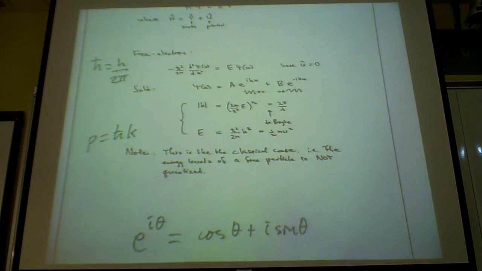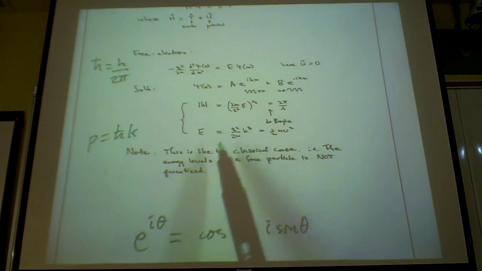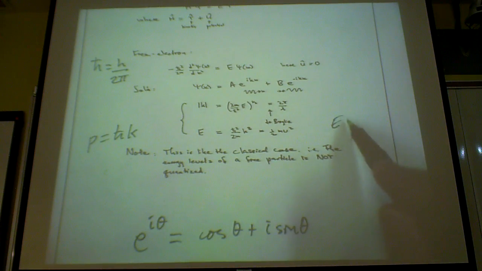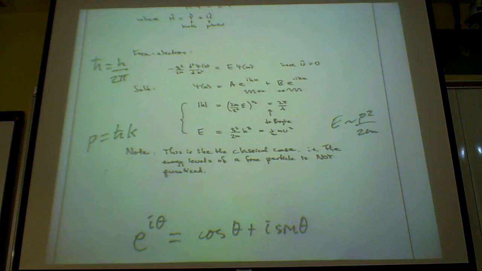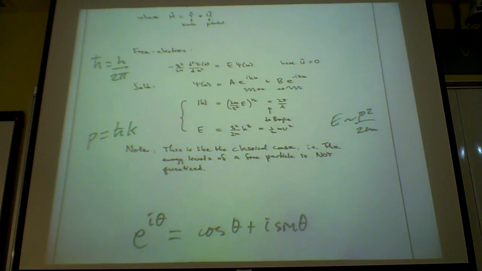So you can actually get the energy, which is p squared divided by 2m. So the energy is just equal to p squared divided by 2m, which is the same as the kinetic energy that you got. Okay, so this corresponds to 1/2 mv squared. So that's the solution. That's it. It's very simple, and this is for a free electron.